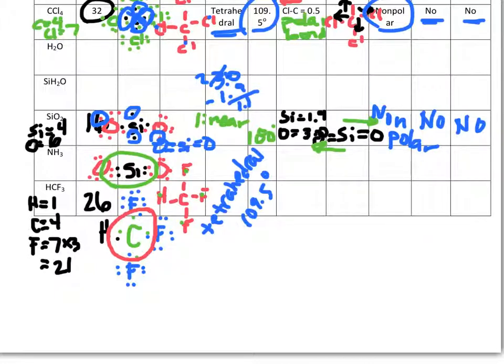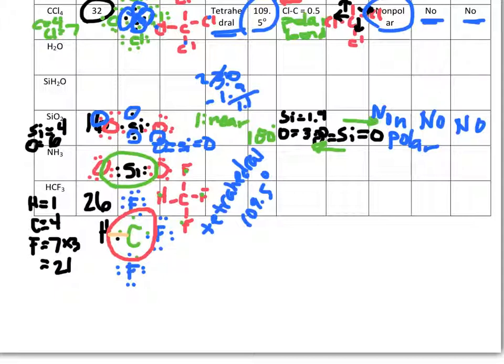Okay, so for this one, unlike most of the previous ones, we have 3 different atoms making up the bonds of this molecule. So that means we have to do a couple of different electronegativity differences. So we have to look at each bond separately. If we take a look at our first one, let's just do carbon and hydrogen first, okay?